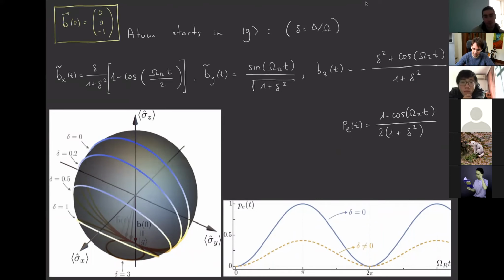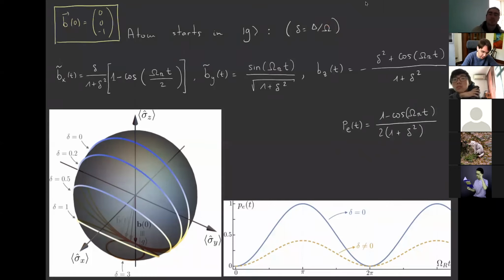And it's exactly 1 minus the cosine of a Rabi frequency divided by 1 plus the detuning square normalized to the bare Rabi coupling, so just to the interaction between the light and the atom.